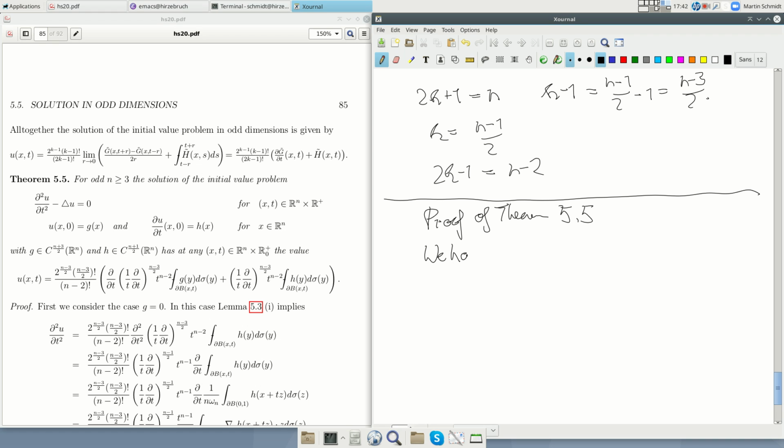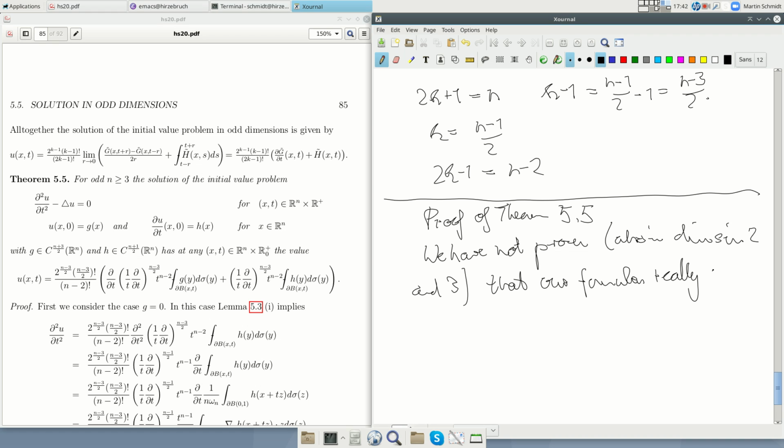We have not proven also in dimensions 2 and 3 that our formulas really give solutions of the homogeneous wave equation.